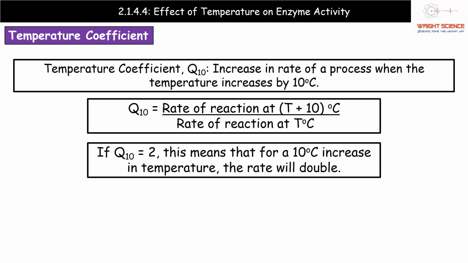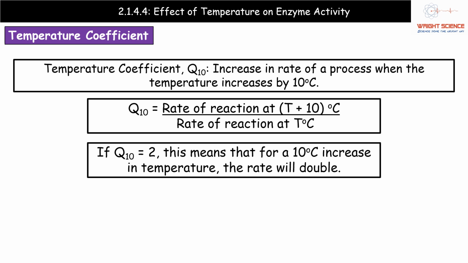Now, to work out the temperature coefficient, all we need to do is look at two rates. So we have the rate of reaction at the higher temperature, and then we divide that by the rate of reaction 10 degrees lower.